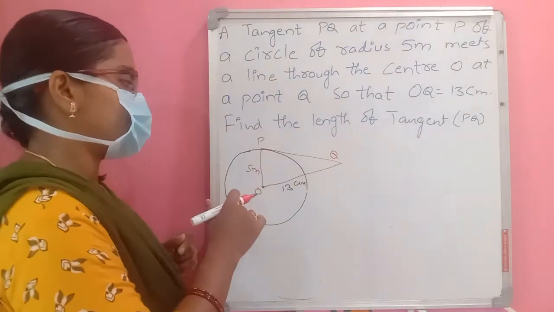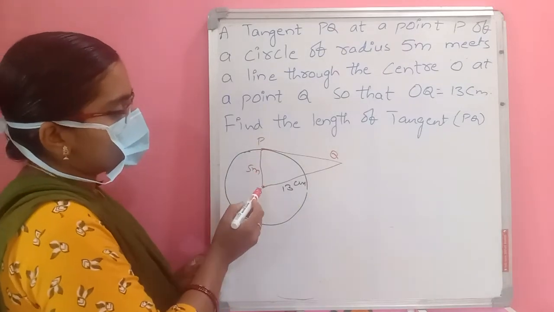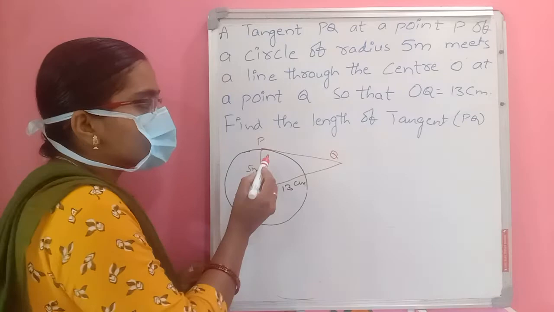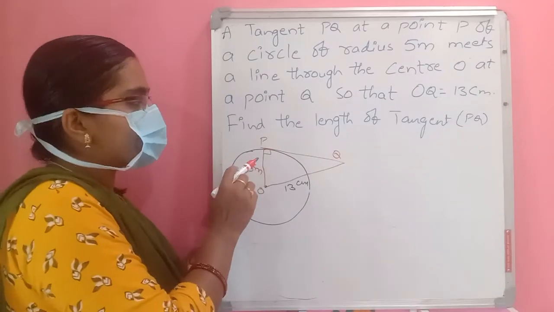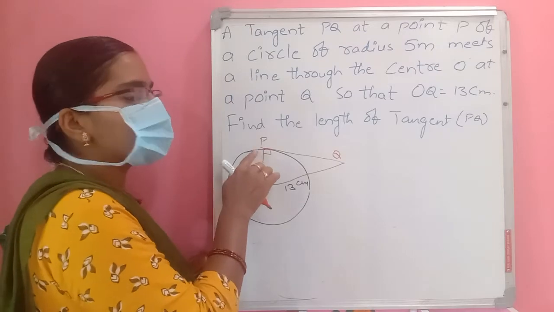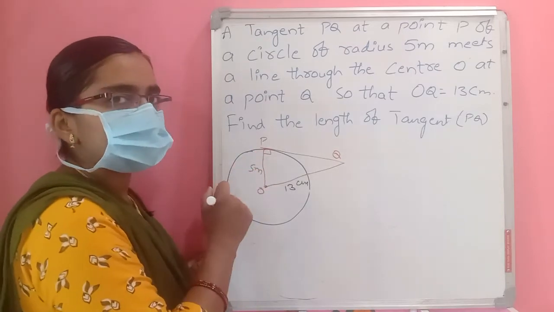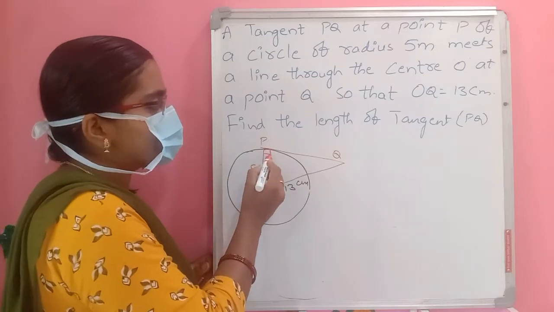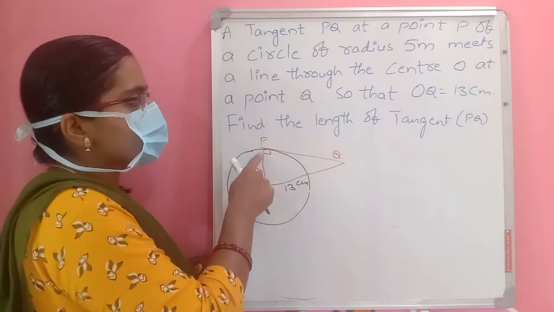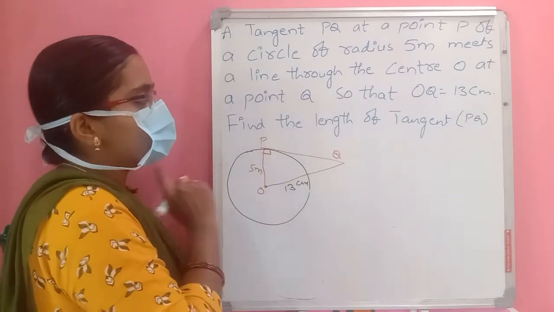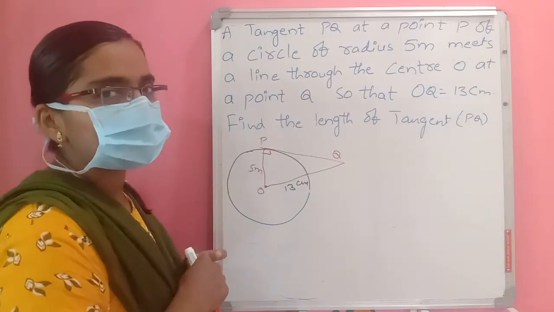So how can we find out? We know that the radius from the common point to the center of the circle is always perpendicular to that tangent. So this is a perpendicular line, which means we can observe this is a right angled triangle.